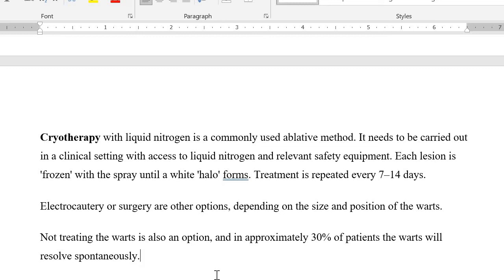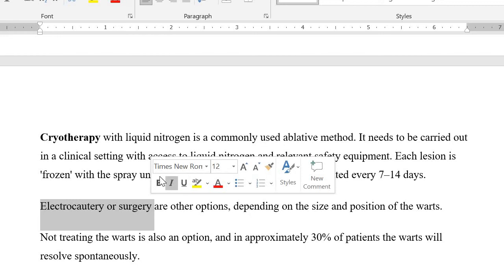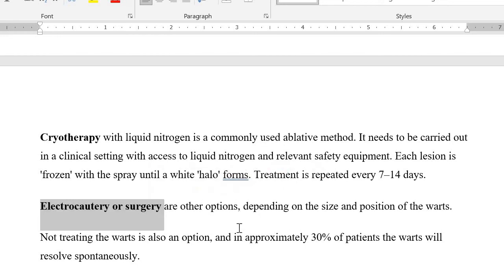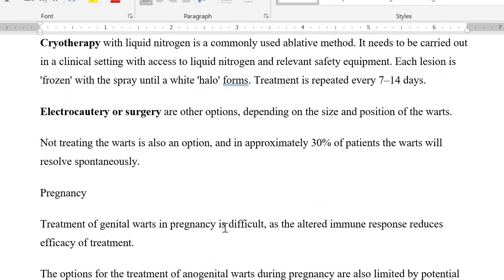Each lesion is frozen with spray until a white halo forms, and treatment is repeated every 7 to 14 days. After cryotherapy, we can also offer surgery or electrocautery. Here we are applying heat, and it depends on how many lesions are present, what the positions are, and what the size of these lesions is.